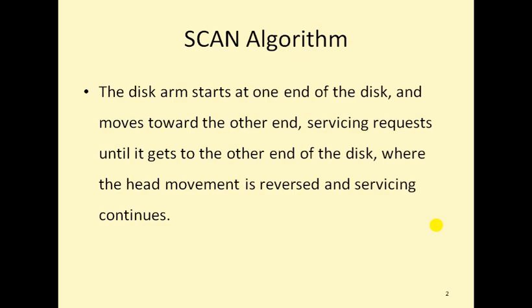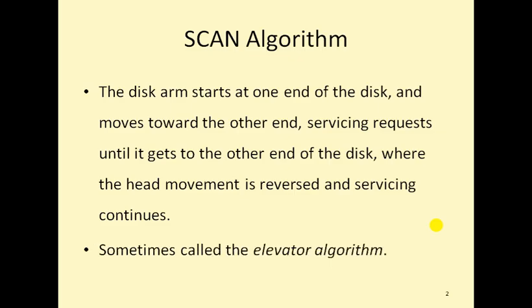Then you come back in the opposite direction and visit all the tracks available in the queue. That is the methodology in the SCAN algorithm. Sometimes this algorithm is called the elevator algorithm, because it works like the lift system in buildings.